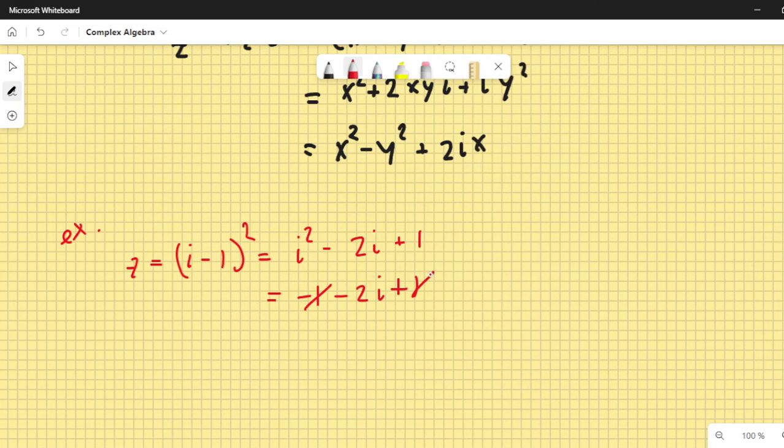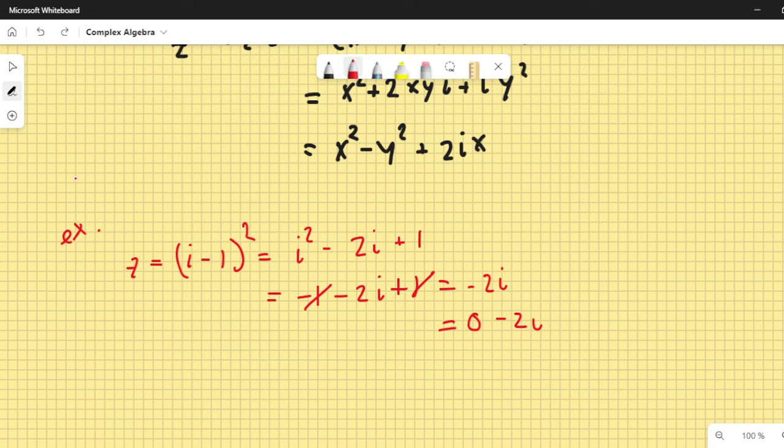Apparently these cancel each other, so it will be like this. That's the x plus iy form. You have to write it like this, because otherwise you're not writing the x part, and in the exercise I am requiring the x plus iy form, so you have to rewrite it like this.